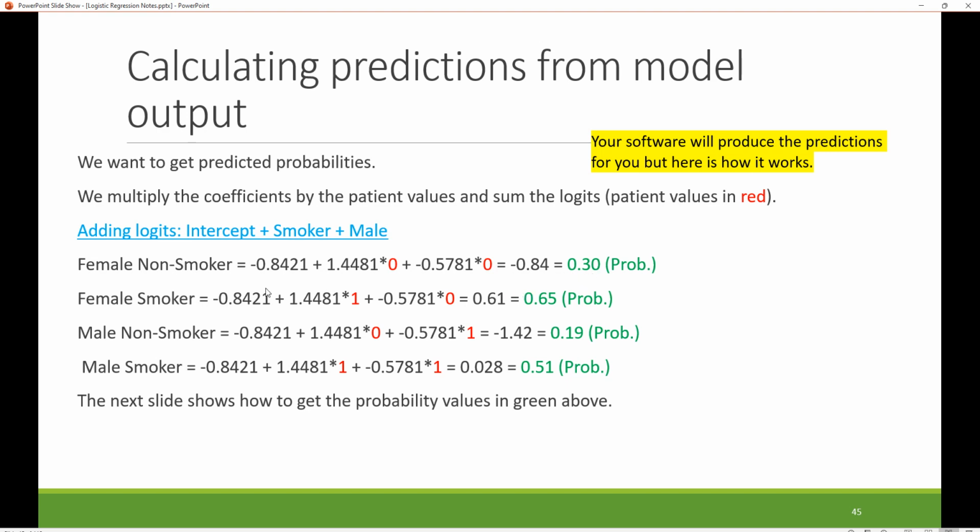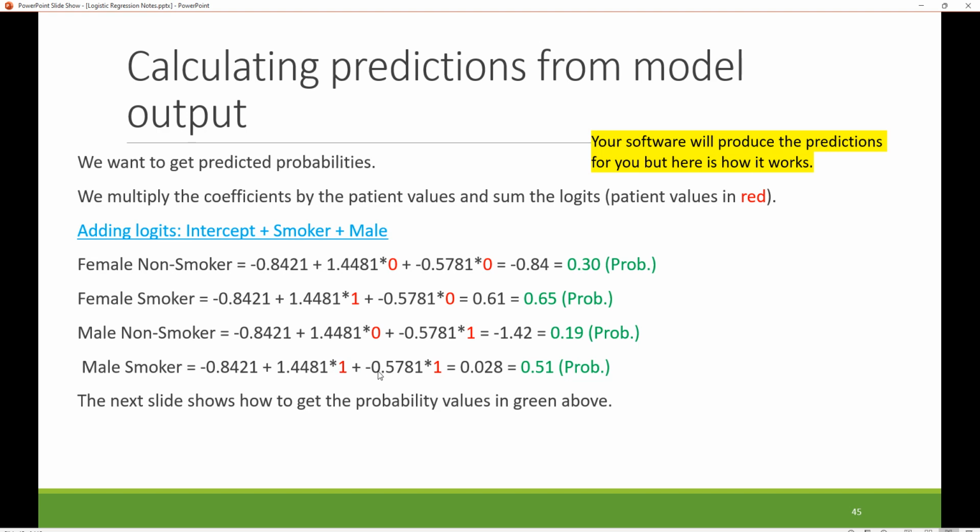And so we do the same for female smokers, male non-smokers, and male smokers. For example, that intercept of negative 0.8421 is added to the smoker effect on the logit scale of 1.4481 times 1. It's a male, so that value is 1.